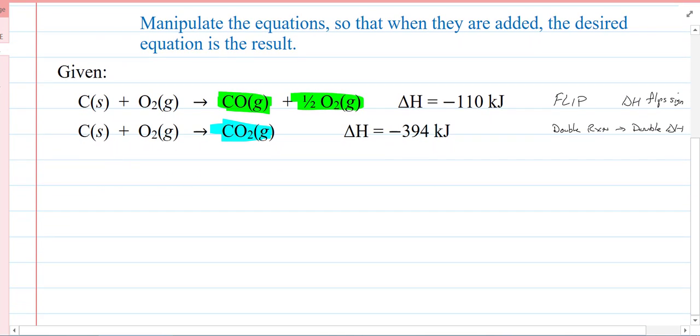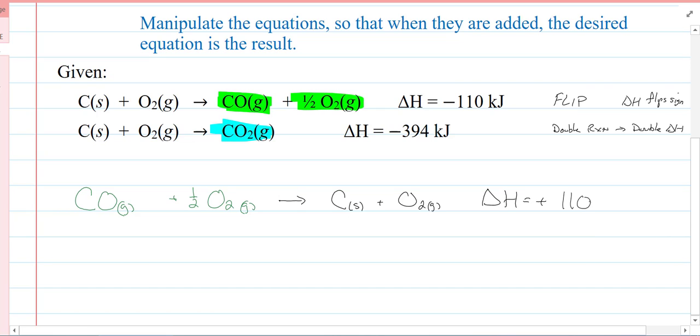If I reverse equation 1, I would get CO gas plus 1/2 O2 gas going to carbon solid plus O2 gas, and now delta H is positive 110 kilojoules.